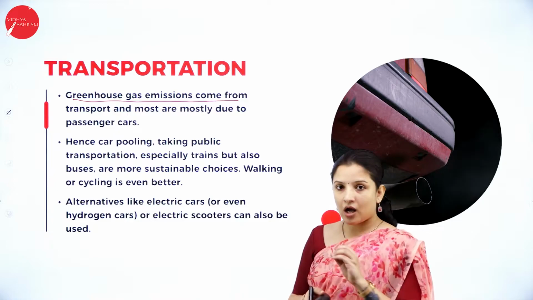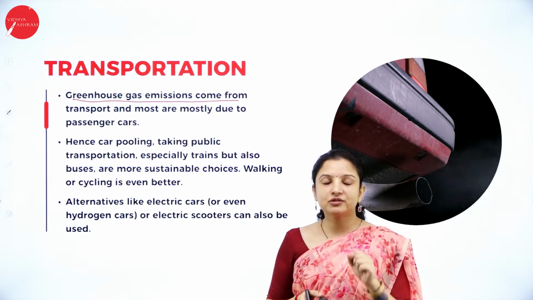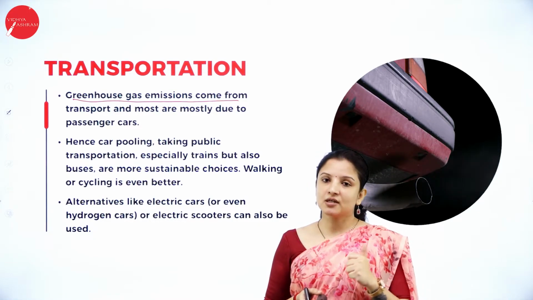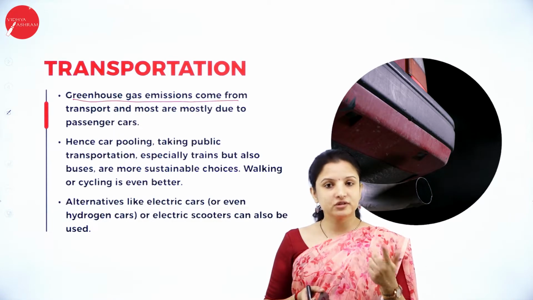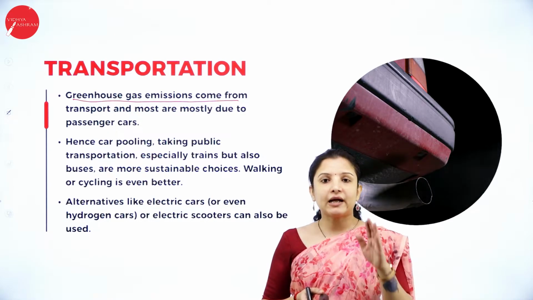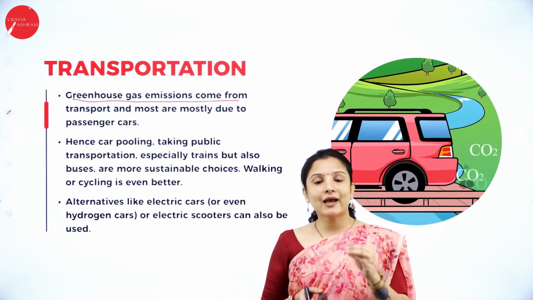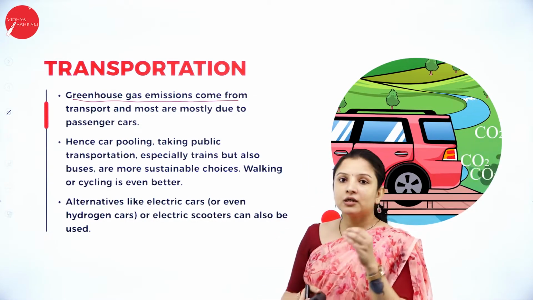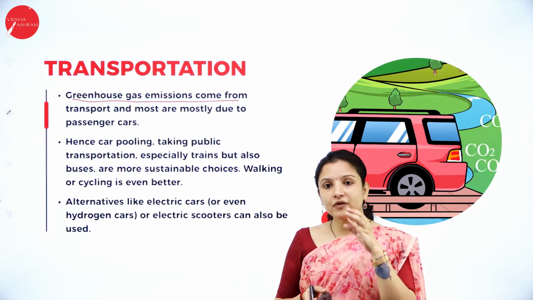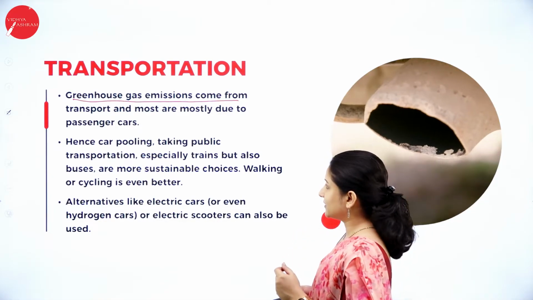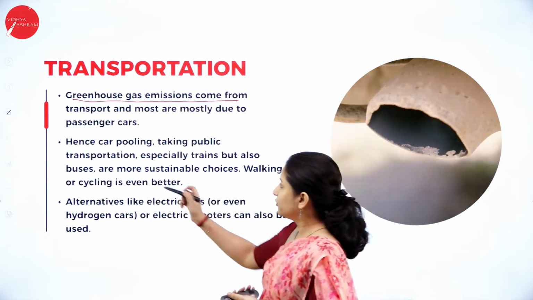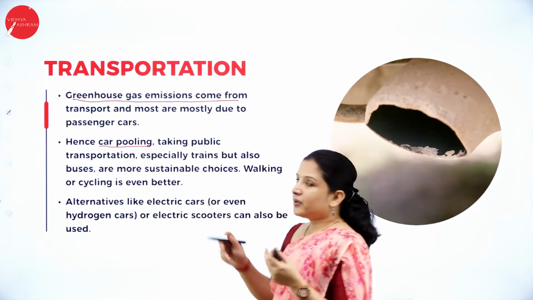So how can we reduce the emission of greenhouse gases? Of course, we can use biofuels and all that, but in spite of that, we still use petrol and diesel vehicles. How can we reduce their use? One thing is carpooling.